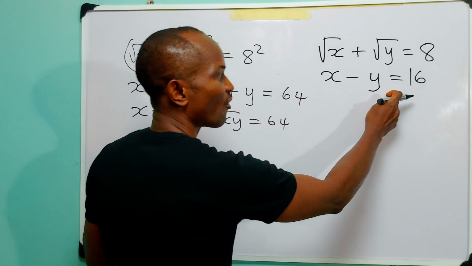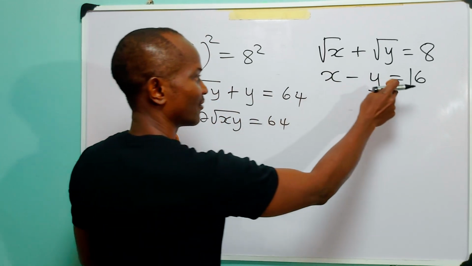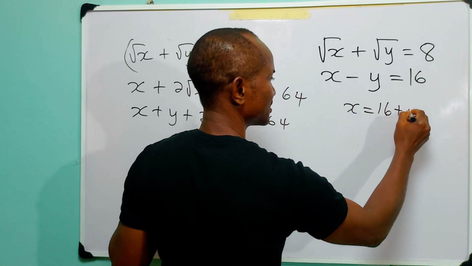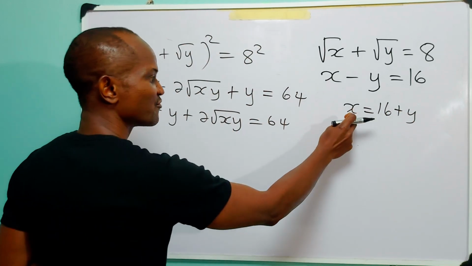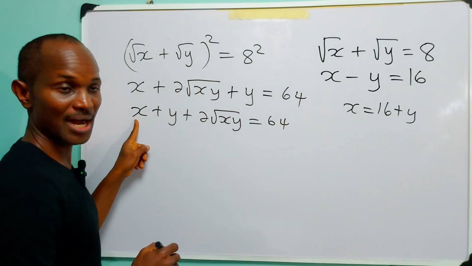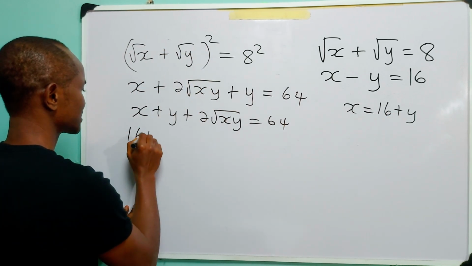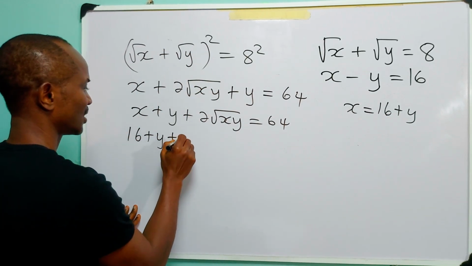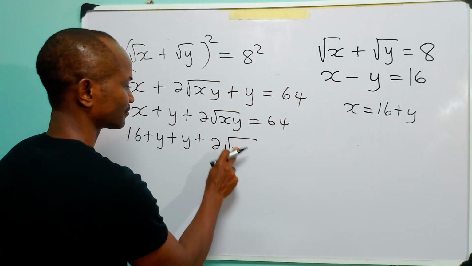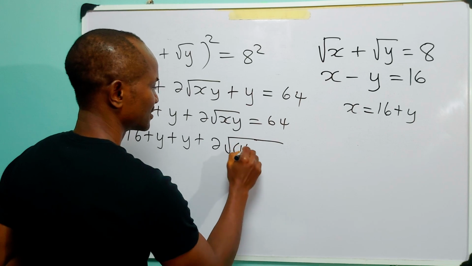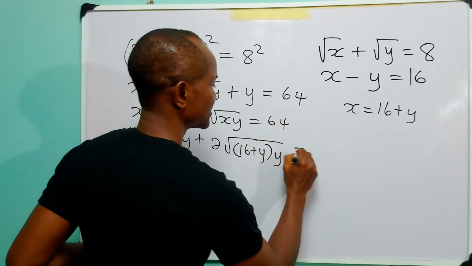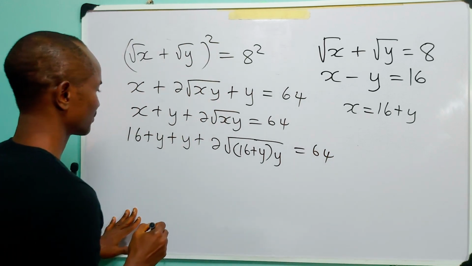This is when we go over to the second equation. From here, we can see that x is equal to 16 plus y. So we replace x in this equation with 16 plus y. So we have 16 plus y plus 2 root 16 plus y multiplied by y, and this is equal to 64.